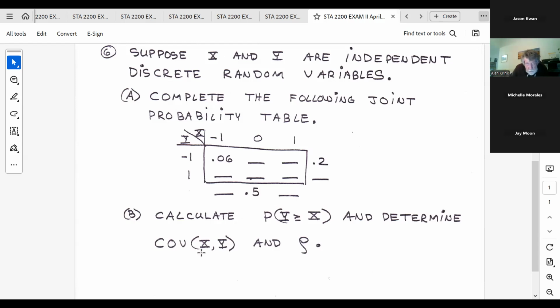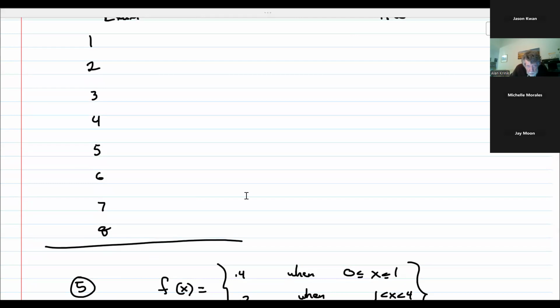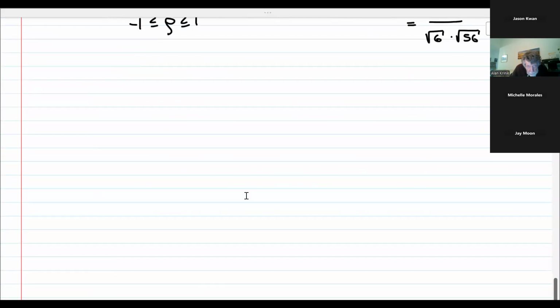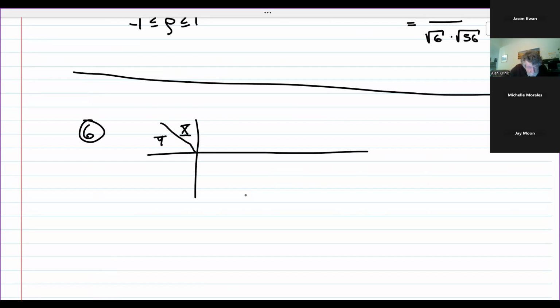So let's go back to OneNote so we have some space to work. Okay, so I'm just scrolling down. And now we're looking at number 6. So 6A has this joint table. It has X here. It has Y here.